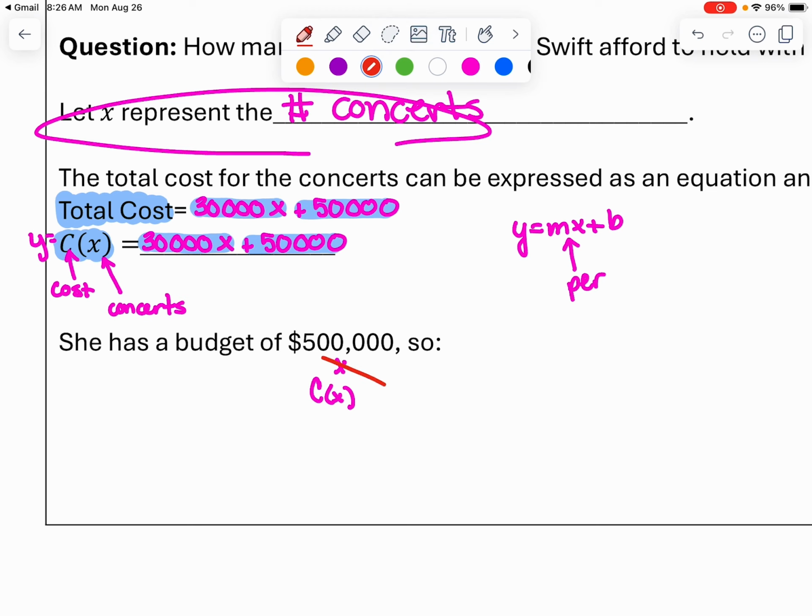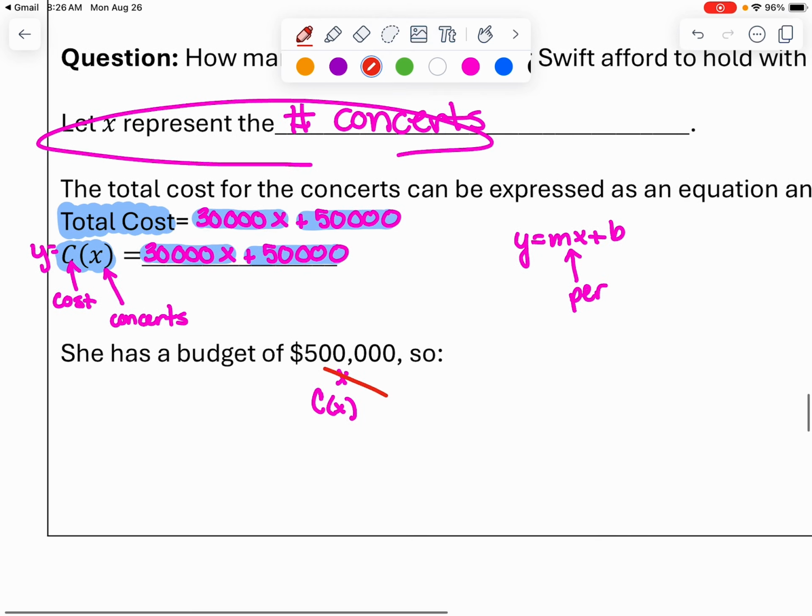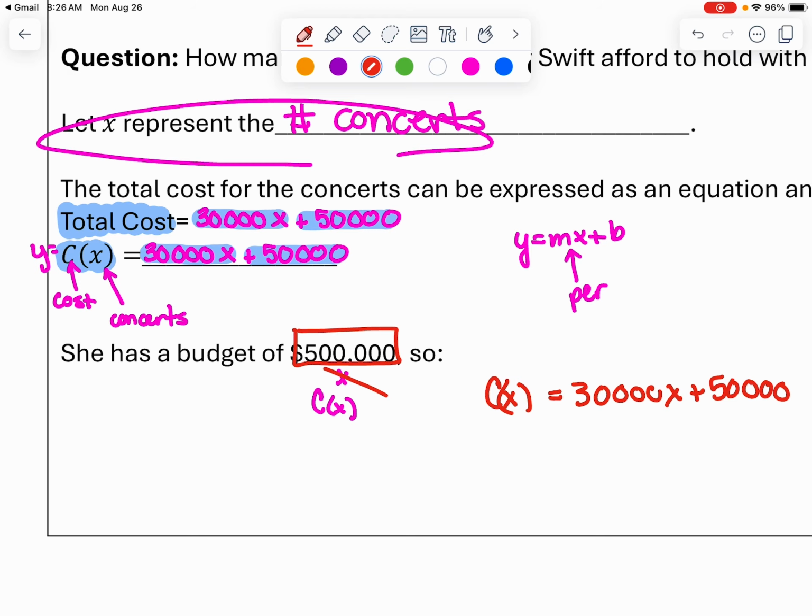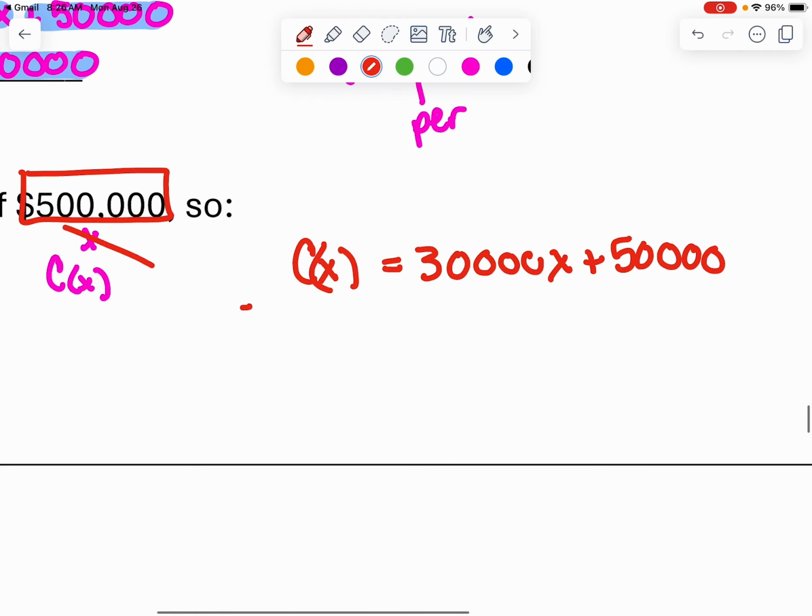That's not a thing. It's going to be her cost. So when we have C of X equals 30,000 X plus 50,000, this number that we're given to solve for goes in on the Y side, or the dependent side. So everything else stays the same.